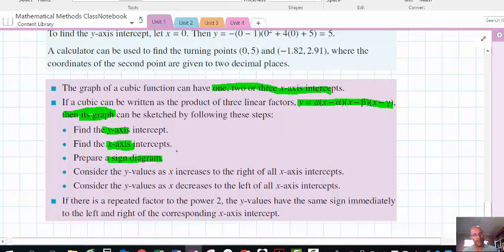Now I said we'd go through the sign diagram thing soon, but you analyze the signs, like we did, in each of the intervals. That's like towards the beginning of this video.